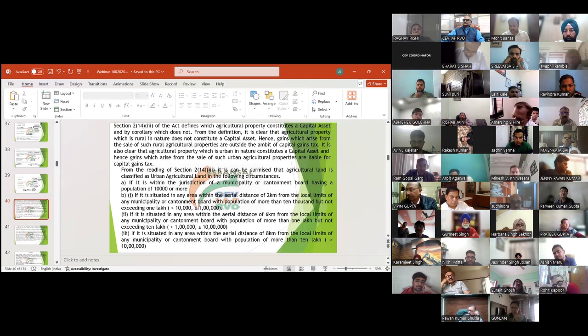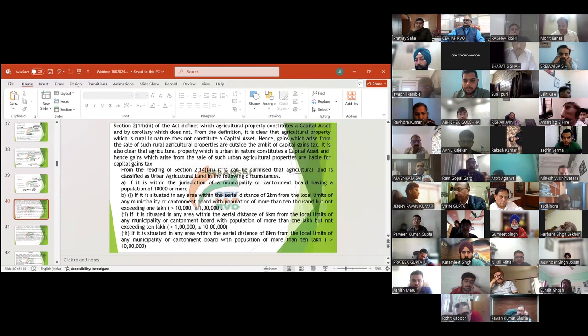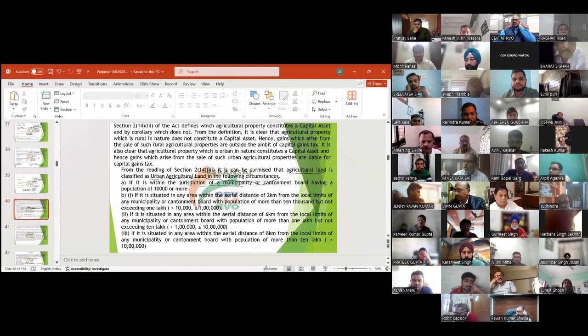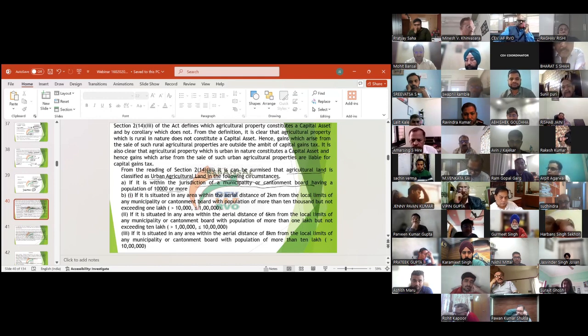So this Act, 2(14)(iii), summarized: agricultural land is classified as urban agricultural land in the following circumstances. If it is within the jurisdiction of a municipality or a cantonment board having a population of 10,000 or more, it will be considered as urban agricultural land.